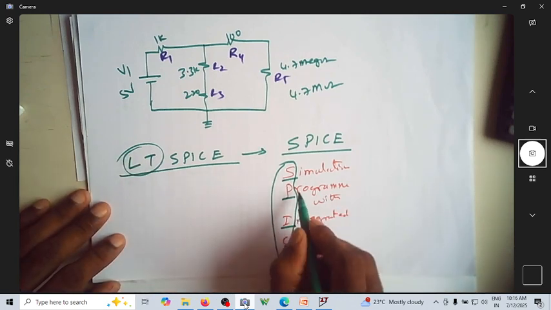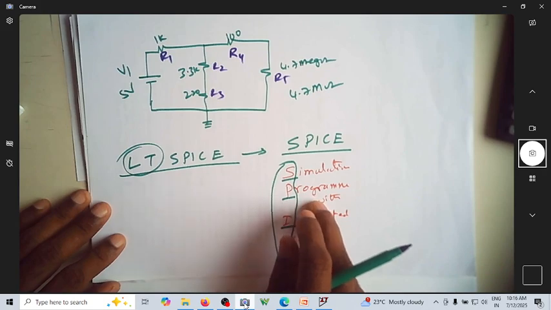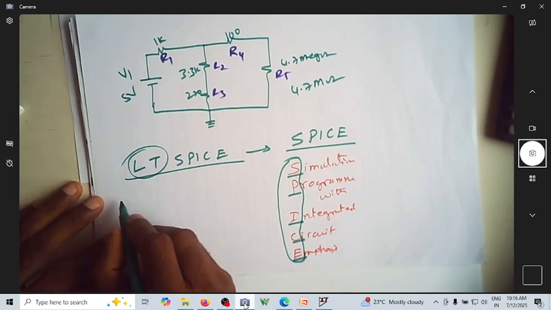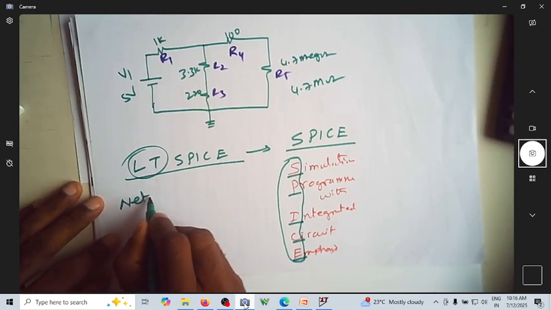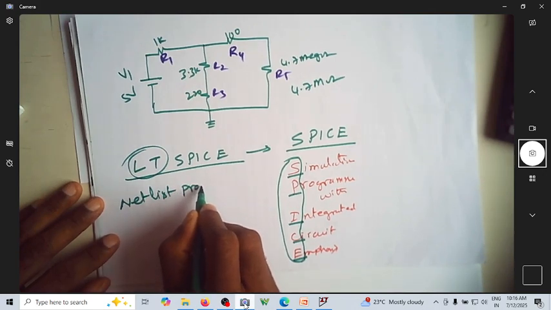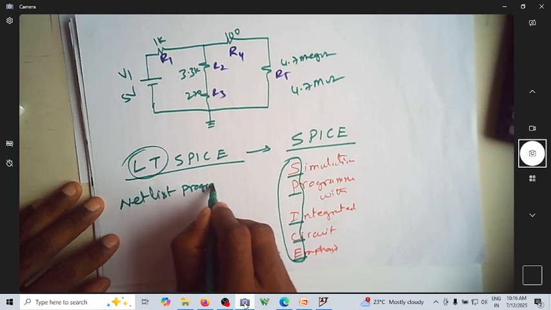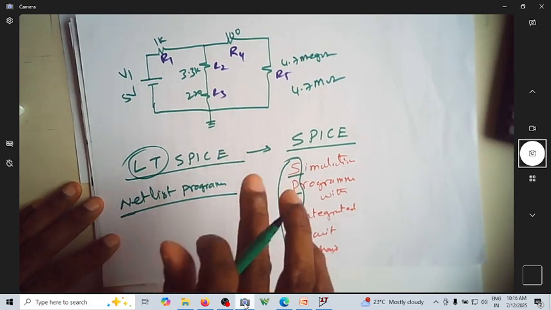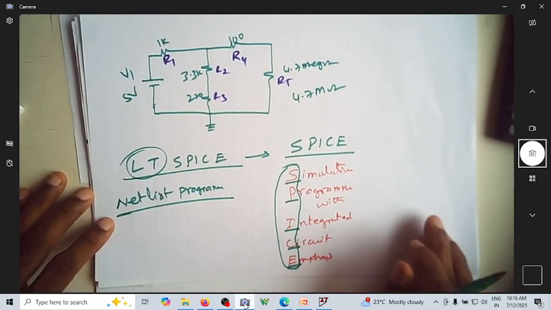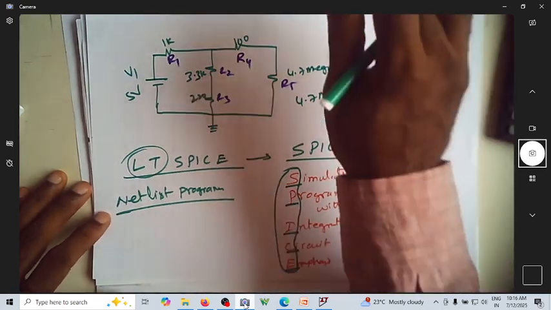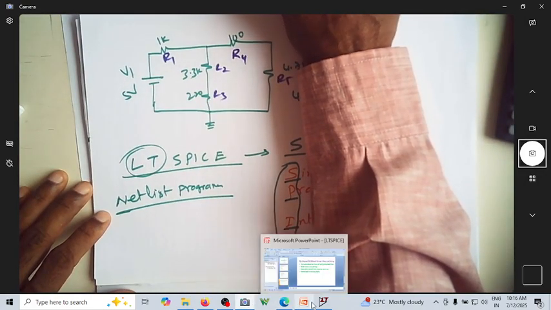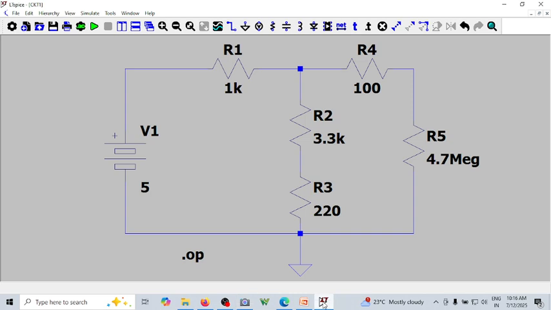For this circuit, the program is called a netlist. A netlist program will be written for each and every graphical circuit that you draw on the simulator. We will see what this netlist program is for this particular circuit.